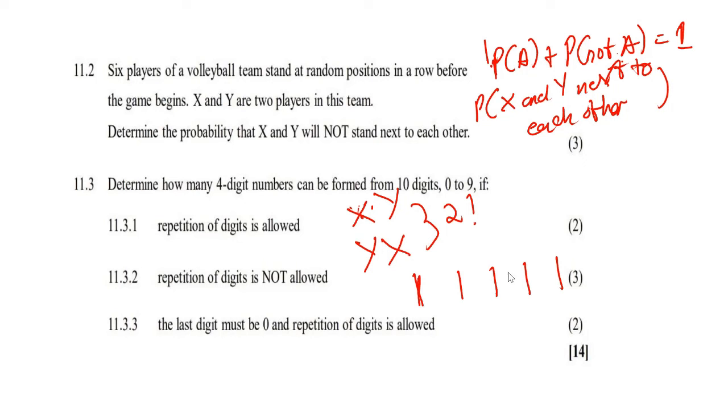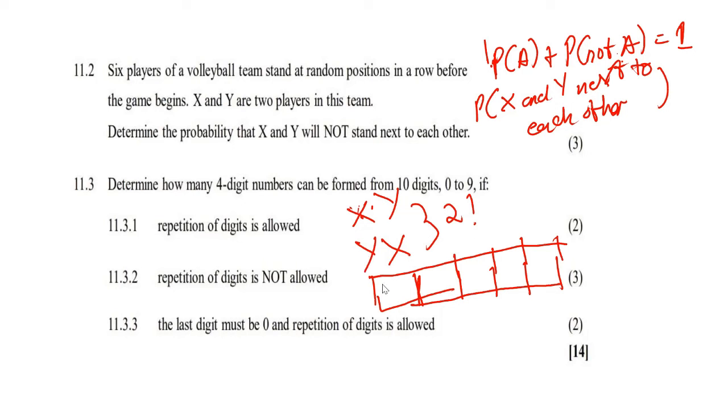So we have 1, 2, 3, 4, and then 5 positions to fill, whereby 1 position can be filled by X and Y at a time. So we are taking them as an item, as if it's 1 person, which means we have 5 places to fill.